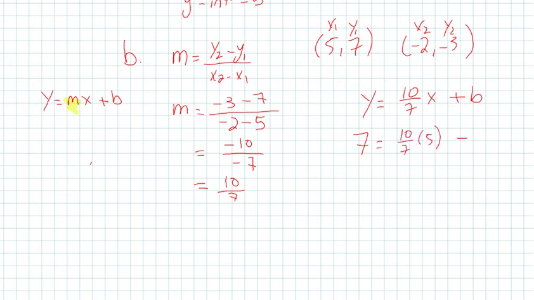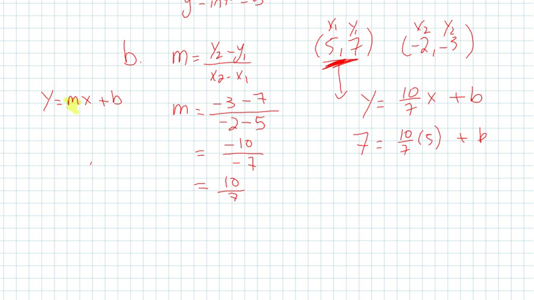I subbed this into the equation for y and x. Do we all understand that? Can I sub in -2 and -3 instead? Yes, I'll get exactly the same answer. Pick one, because both these points are already on the line.